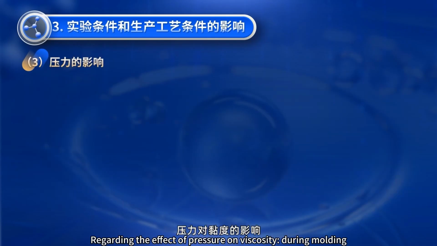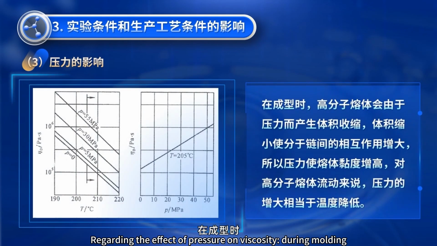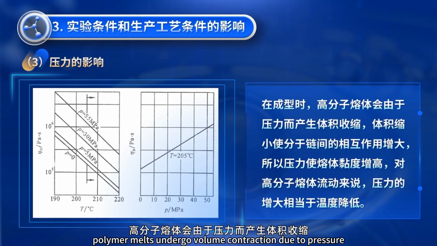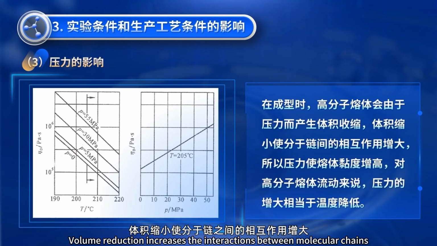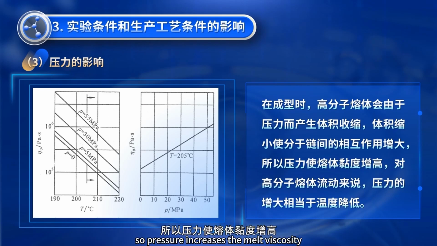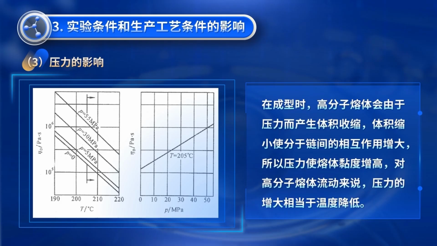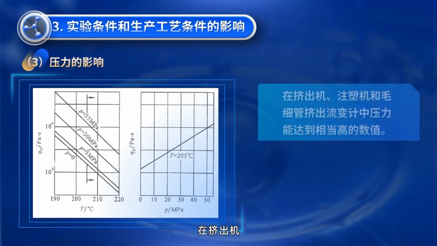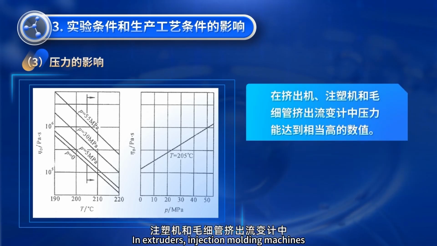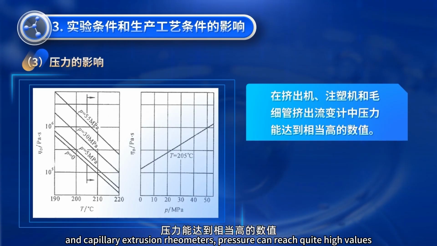Regarding the effect of pressure on viscosity, during molding, polymer melts undergo volume contraction due to pressure. Volume reduction increases the interactions between molecular chains, so pressure increases the melt viscosity. For polymer melt flow, an increase in pressure is equivalent to a decrease in temperature. In extruders, injection molding machines, and capillary extrusion rheometers, pressure can reach quite high values.